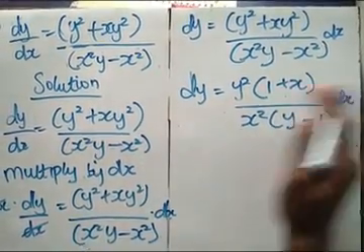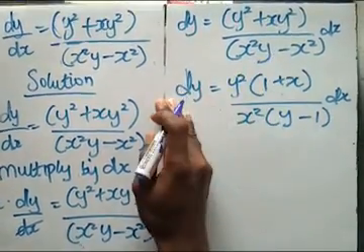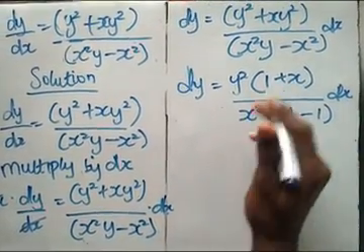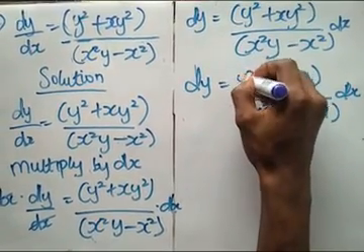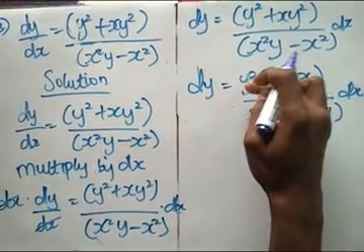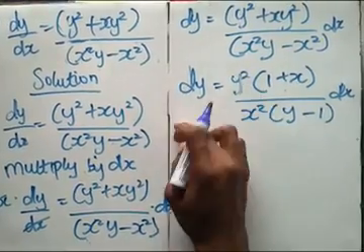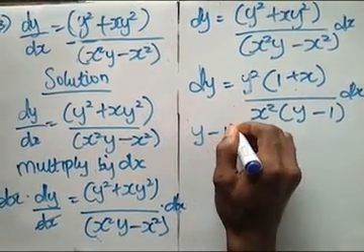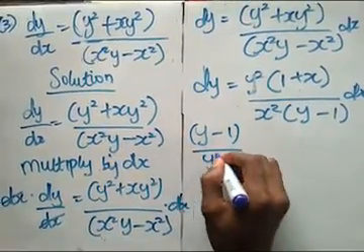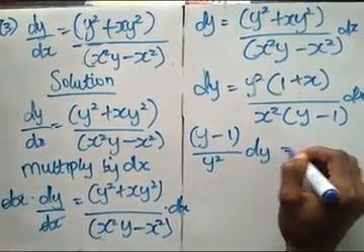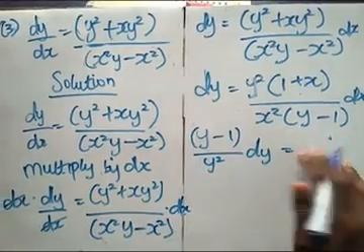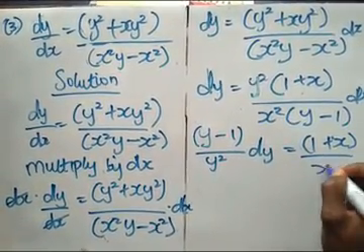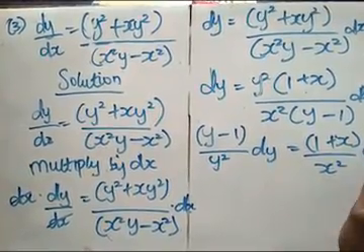So now you can easily move the y to the left hand side and the x will remain on the right hand side. When y squared moves to the left hand side it goes downwards, while this one goes upward, so it will be (y minus 1) over y squared dy equals (1 plus x) over x squared dx.